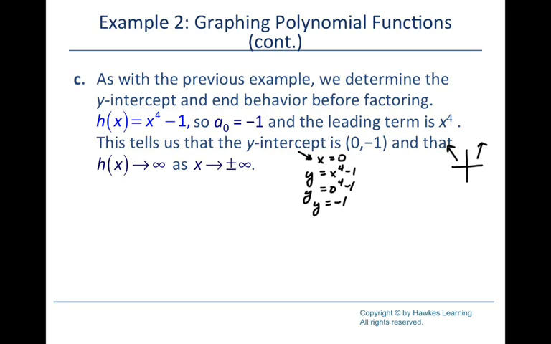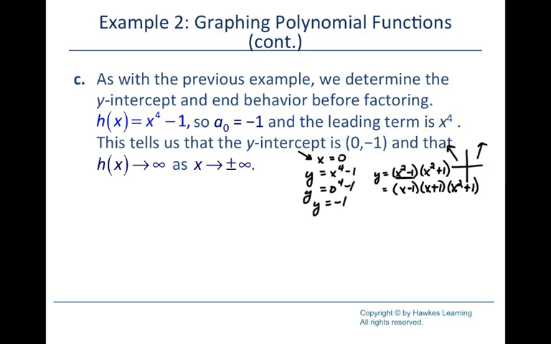We need to factor and find our x-intercepts. So x to the 4th minus 1 is a difference of squares. And hopefully you remember that would be x squared minus 1 and x squared plus 1. This is also a difference of squares here, so that's going to be x minus 1 and x plus 1, and then x squared plus 1.